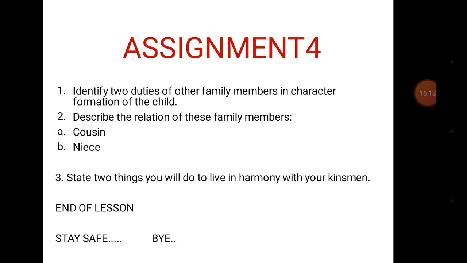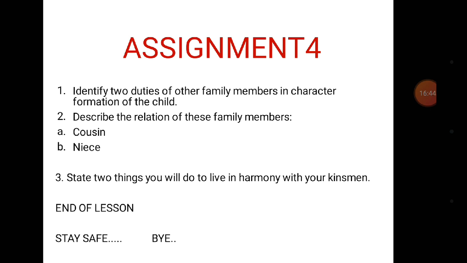So you do the following assignment as a test of your knowledge on the lesson. 1. Identify 2 duties of other family members in character formation of the child. We have discussed that, I think in slide 2 or slide 3. Then describe the relationship of these family members. What's the relationship with a cousin? Who is your cousin? So let's describe that. What is the relationship with a niece?